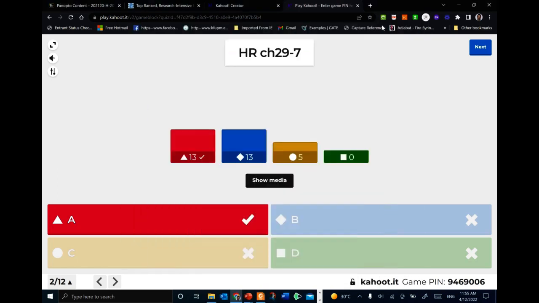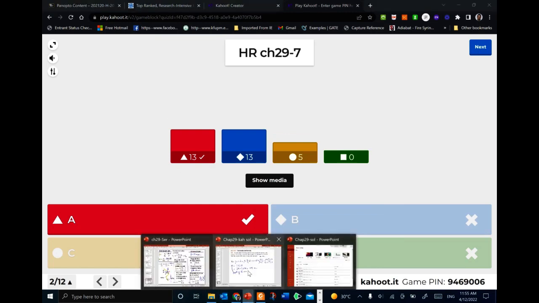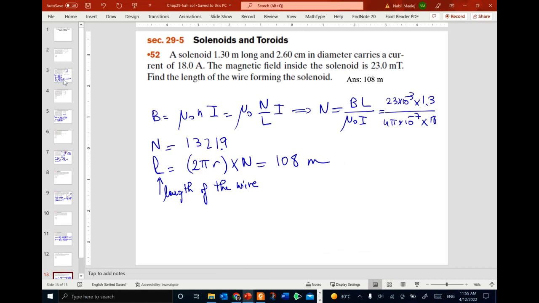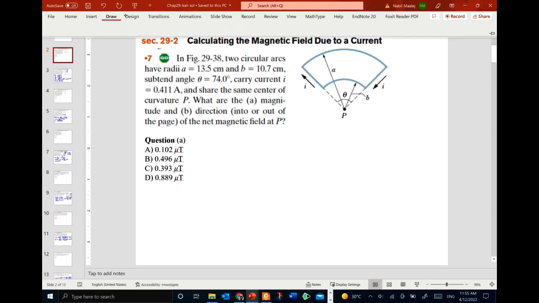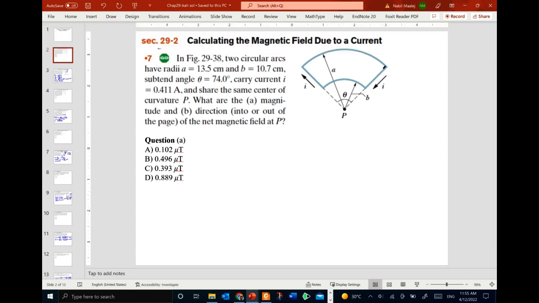Okay, let's solve this problem together. Here we are interested in determining the magnetic field at point P. We have a loop. We can see this part of the loop and this part of the loop.